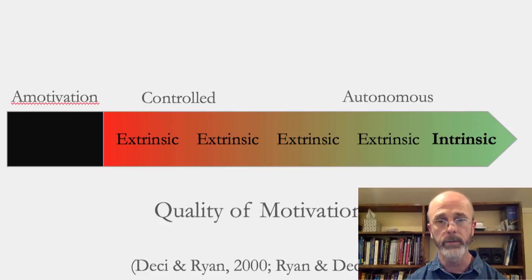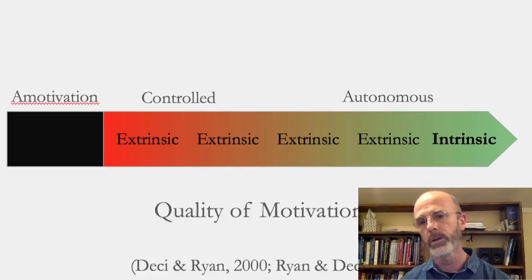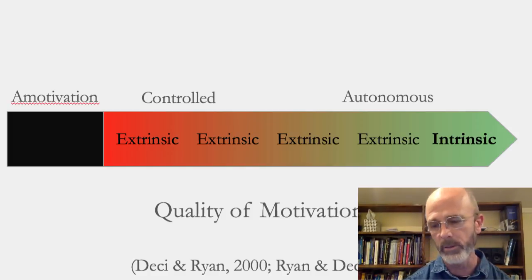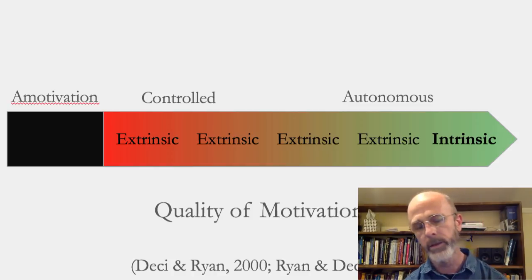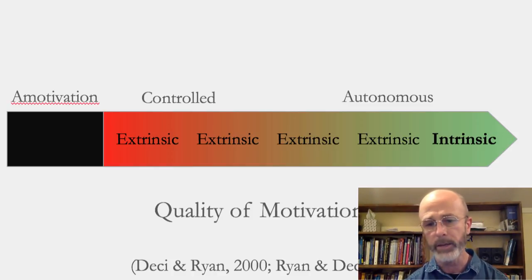Now, sometimes patients will really deeply internalize the values and goals of rehab so that they become a part of their identity, their sense of self. And this most autonomous form of extrinsic motivation is what is called integrated regulation. Finally, at the most right end of the spectrum, we have intrinsic motivation, which is the prototype of autonomous motivation.